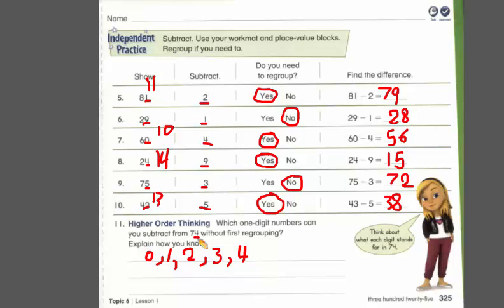So again, which one-digit numbers can you subtract from 74? 0, 1, 2, 3, 4. Only. If you write 5, wrong. Why? Because 4 is lesser than 5.